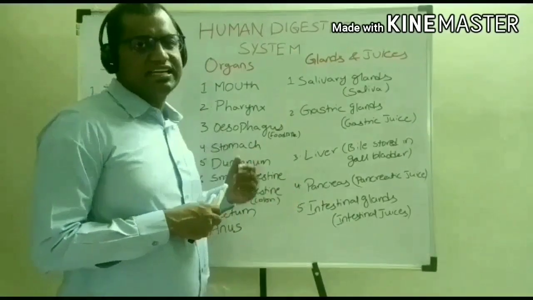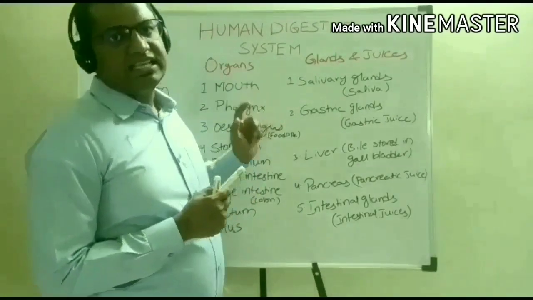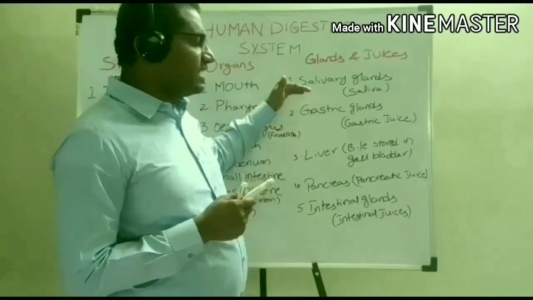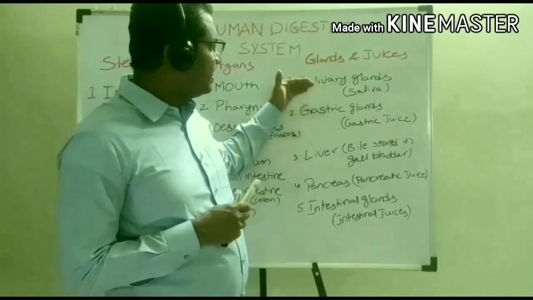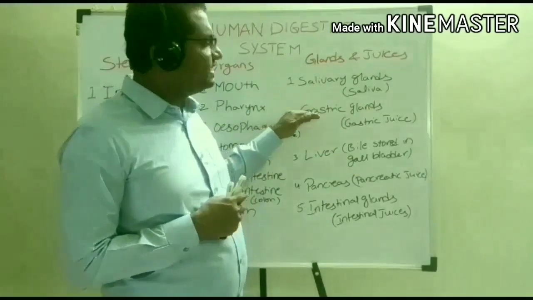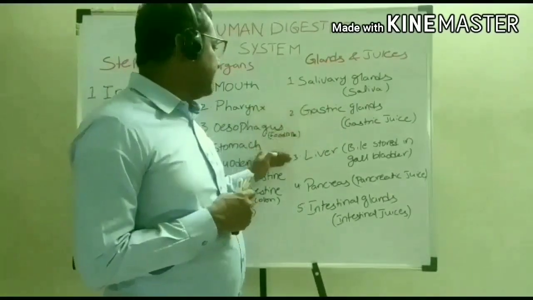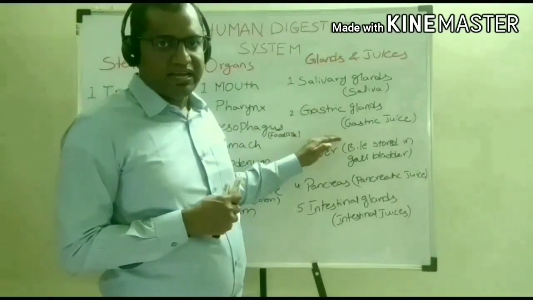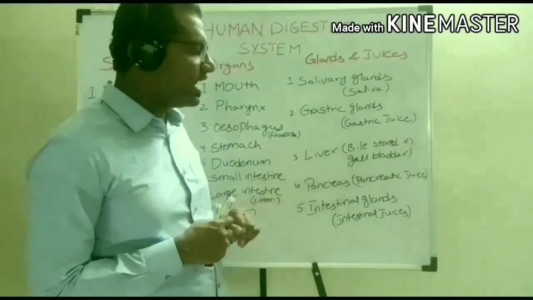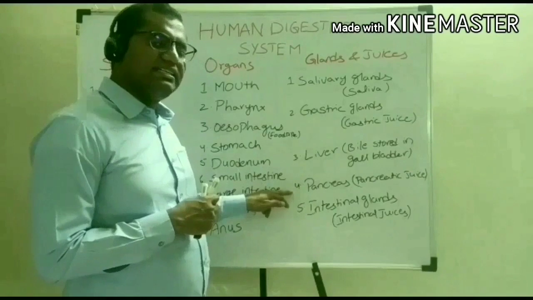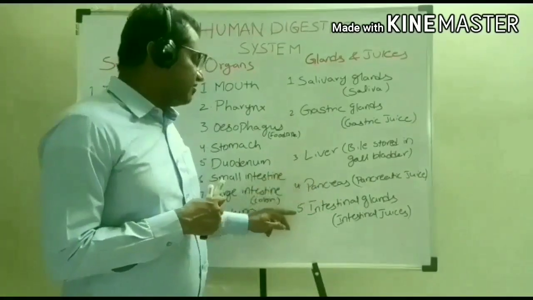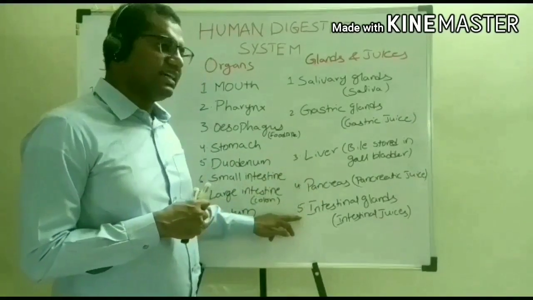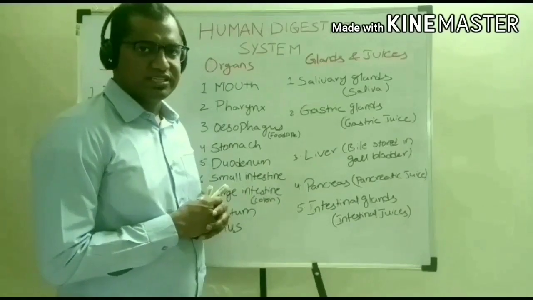The salivary glands secrete saliva, gastric glands secrete gastric juice, and the liver secretes bile, which is stored in the gallbladder. The pancreas secretes pancreatic juice. Finally, the intestinal glands secrete intestinal juices.